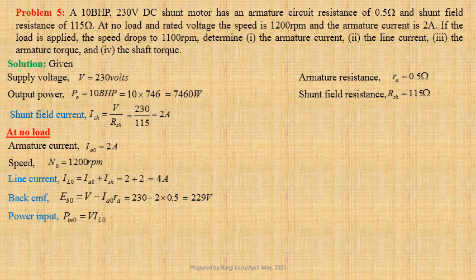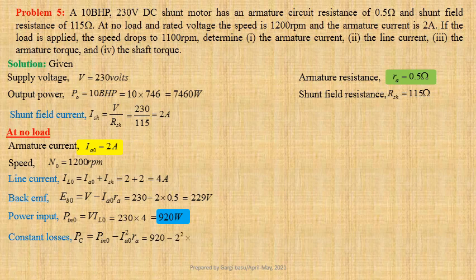Using values, we get 230 into 4, that gives us 920 watts. Constant losses PC equals P in 0 minus I0 squared times RA, that is equal to 920 minus 2 square into 0.5, that gives us 918 watts.